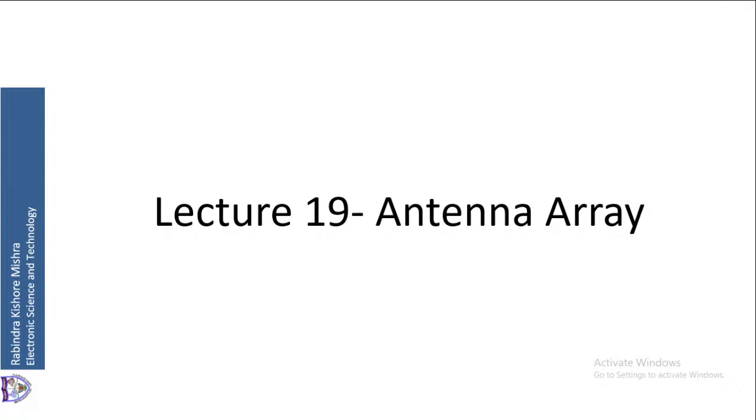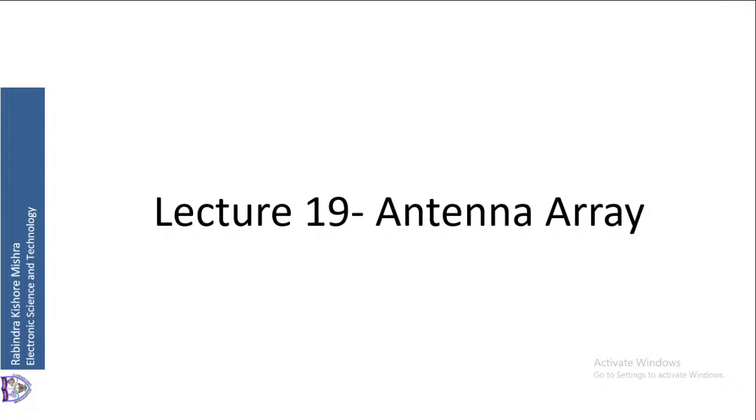So if there is a null, the area covered by null will be shadowed. There will be no reception over the area covered by the null. And these are two important things about the radiation pattern of an antenna that we came to know.